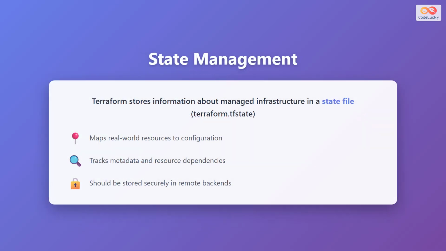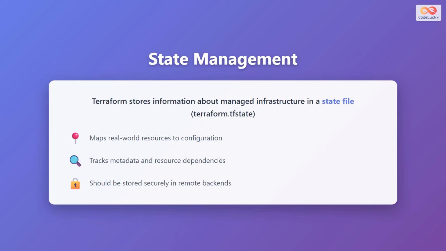State management is a critical concept in Terraform. Terraform stores information about your managed infrastructure in a state file called terraform.tfstate. This state file serves three important purposes. First, it maps real-world resources to your configuration, so Terraform knows which cloud resources correspond to which code definitions.